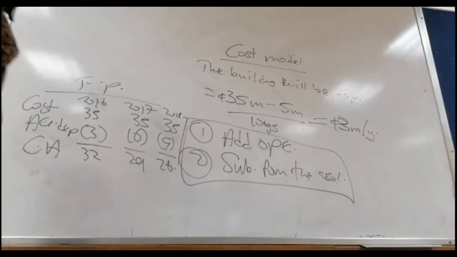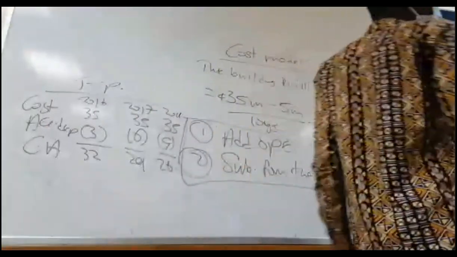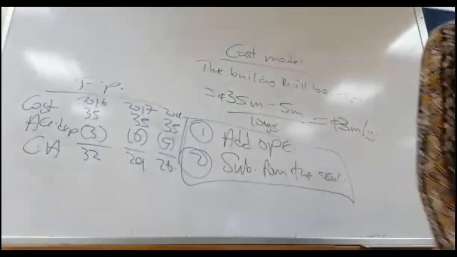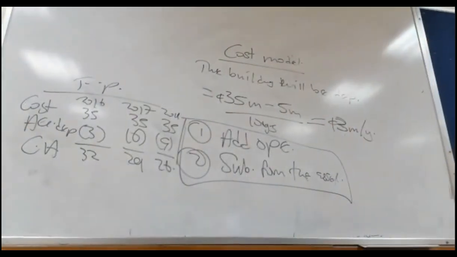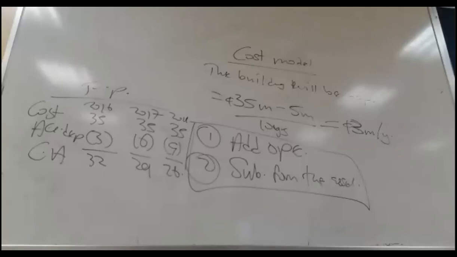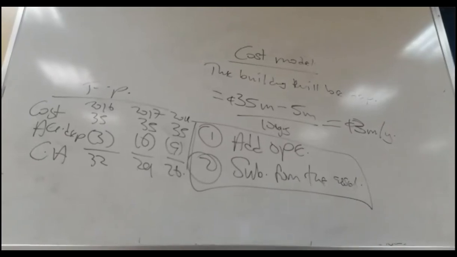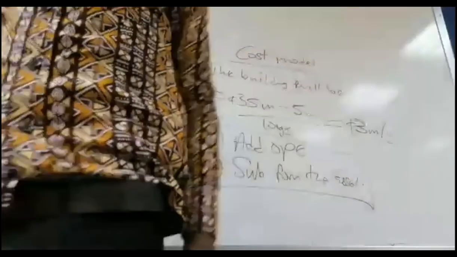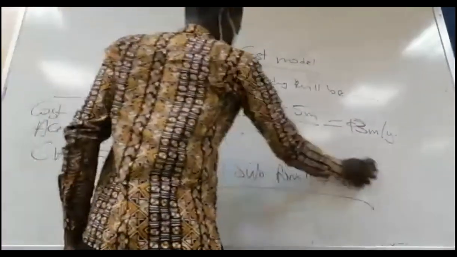We depreciate the asset in the cost model. Let's go to the fair value model, where we say we don't depreciate the asset. So under the fair value model, first, no depreciation.